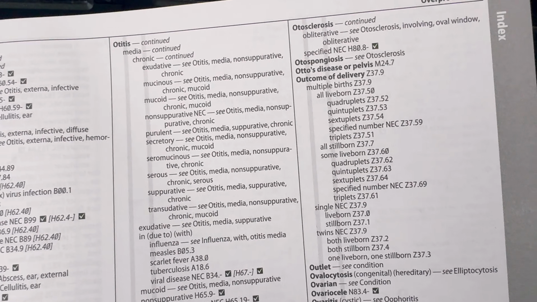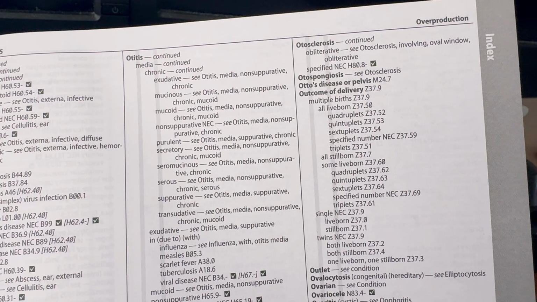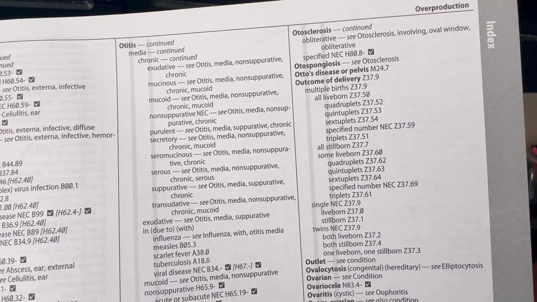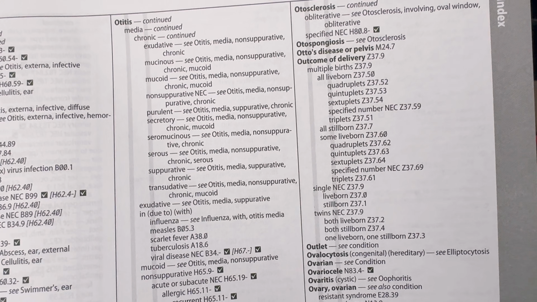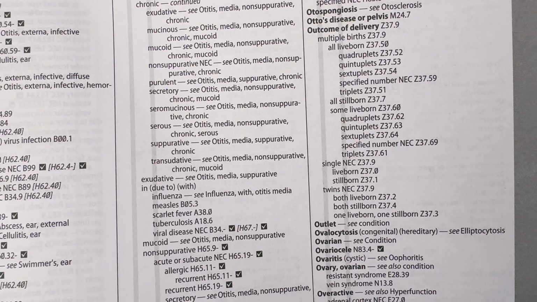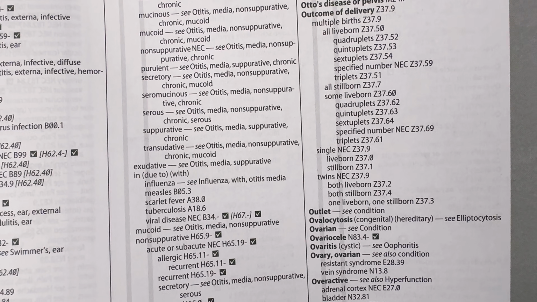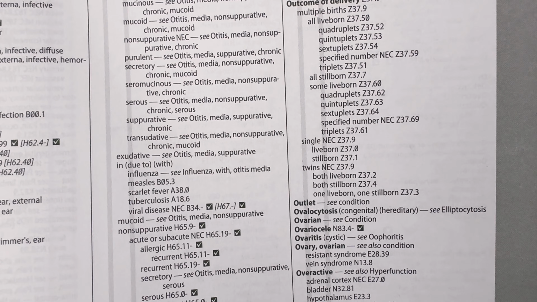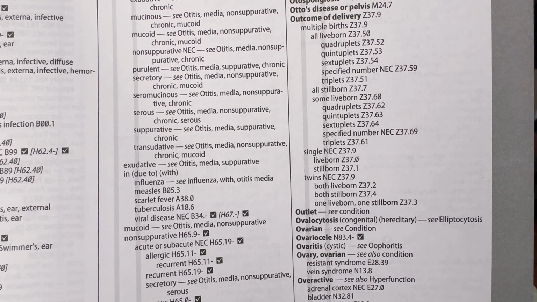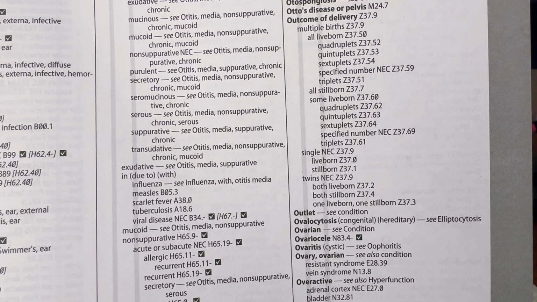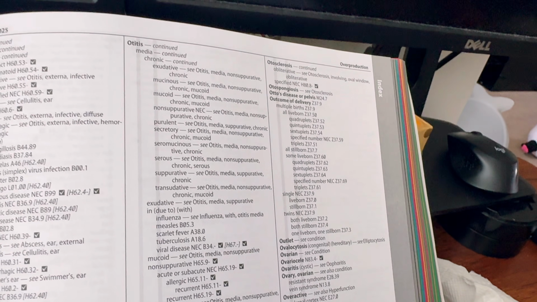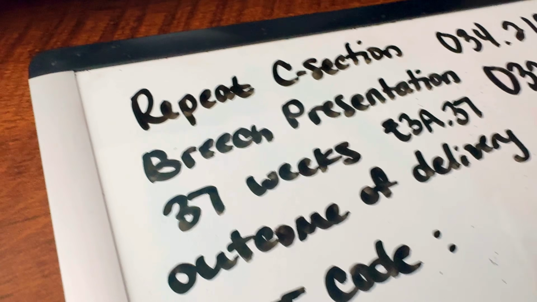And right over here is outcome of delivery. And then in that first grayed out column, you see where it says single. And then you go down one more to liveborn, Z37.0. So that is going to be our outcome of delivery code.